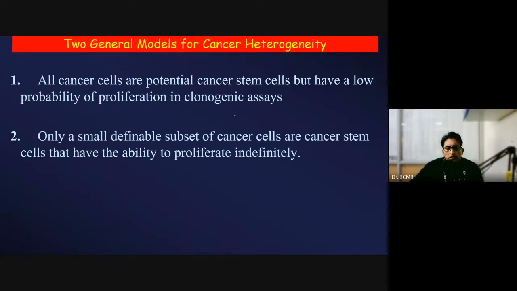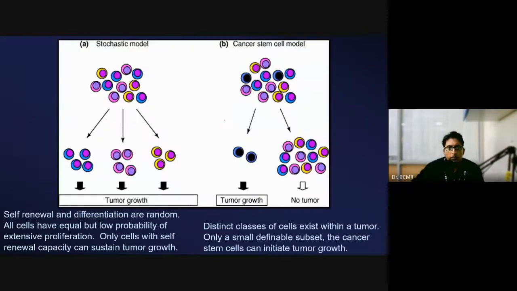So, the point is that there are two models: one is a stochastic model, and the other is the cancer stem cell model. The stochastic model is one way to explain heterogeneity and also the ability to form tumors.